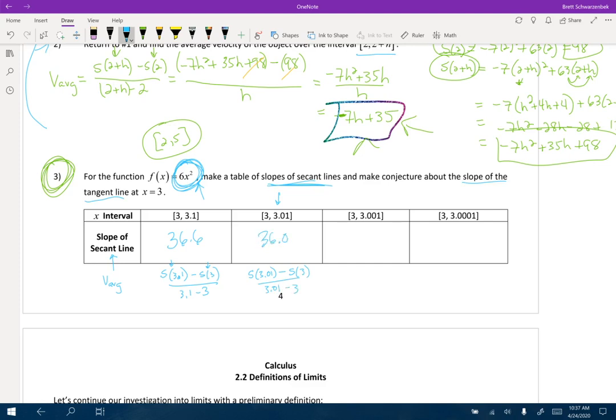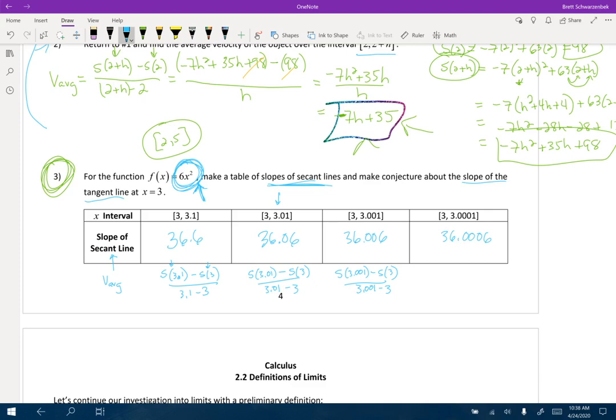If you want to check that by plugging into 6x squared, that's fine. If we continue to keep doing that, hopefully you see the pattern that's developing here. We're going to get 36.006. If we do it again, we're going to get 36.0006. And yes, it'll keep on going like that.